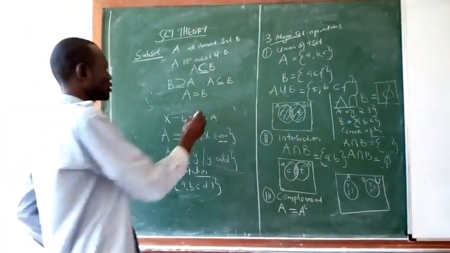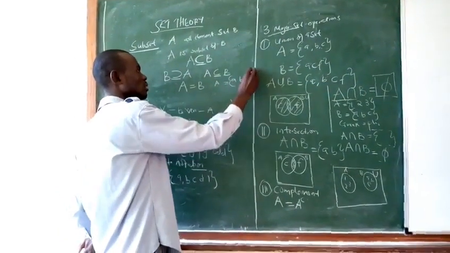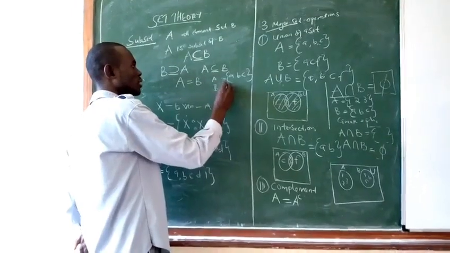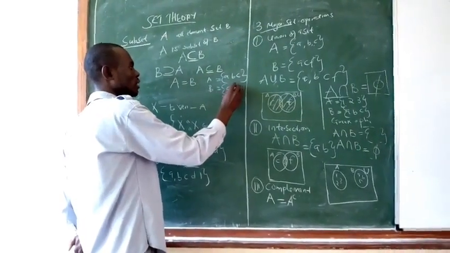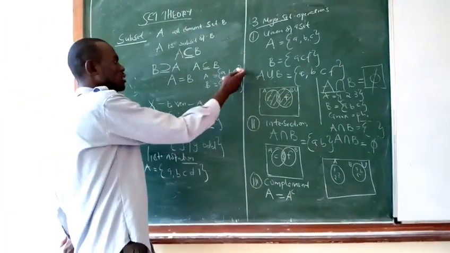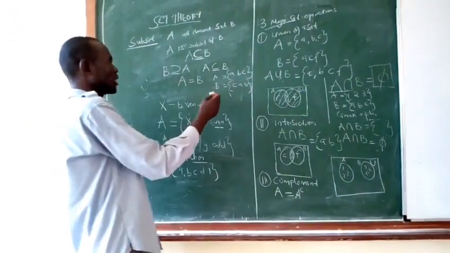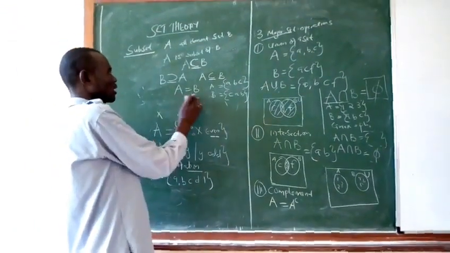Let's say A can be A, B, and C. Also, B will be C, A, B. So we have A, B, C and C, A, B. They have the same elements, A, B, and C. So in this case, they are equal.